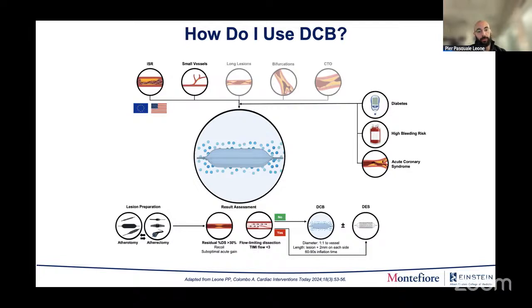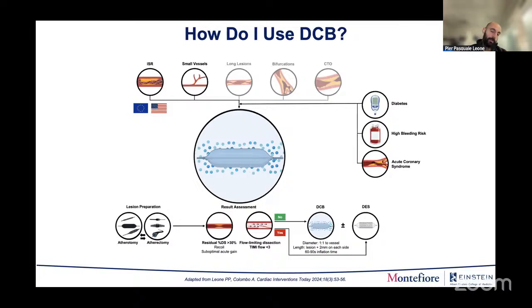The experts have looked into an indicative percent diameter stenosis, 30% being satisfactory in terms of the angiographic result. Then we can look in more detail at the mechanism of any residual percent diameter stenosis. Is it recoil? Is it suboptimal acute gain due to calcified lesions?